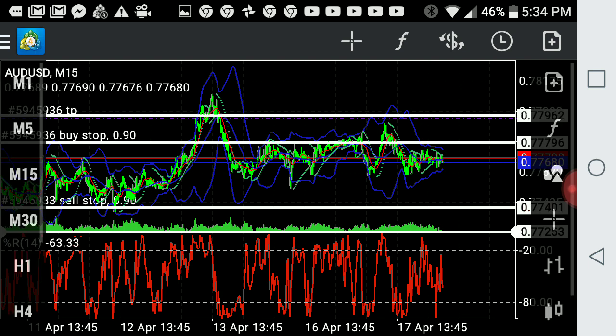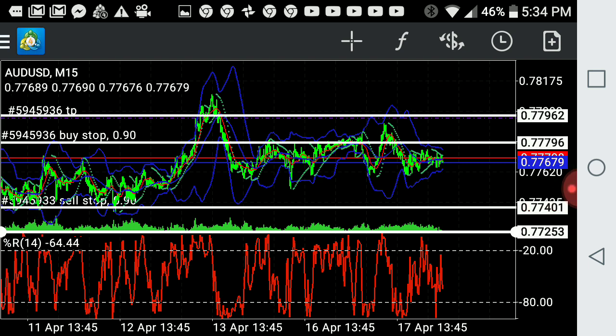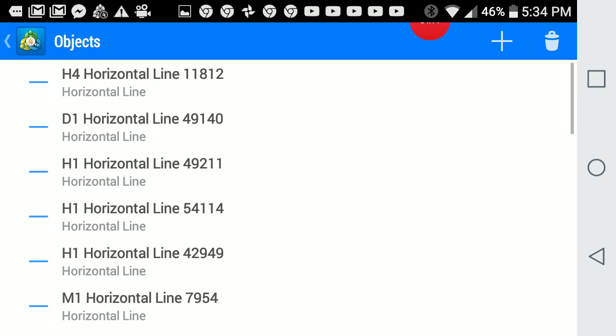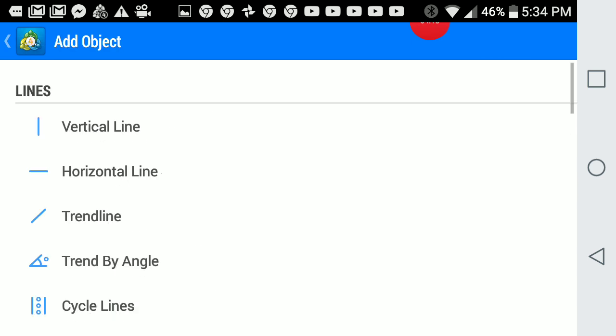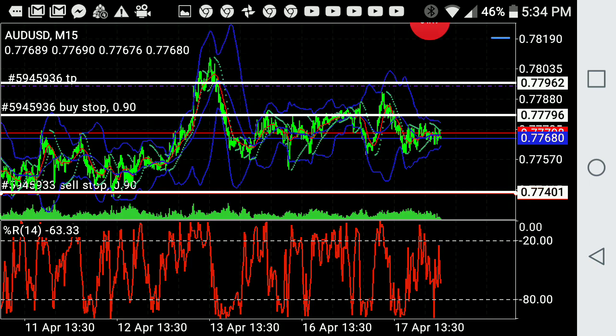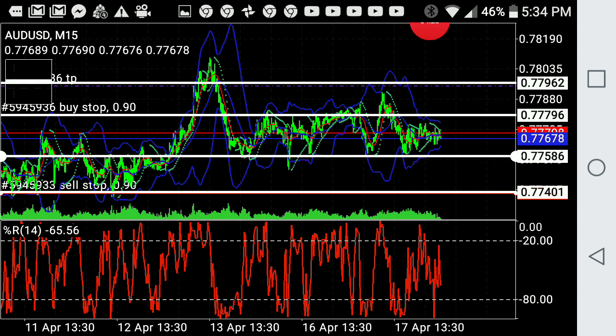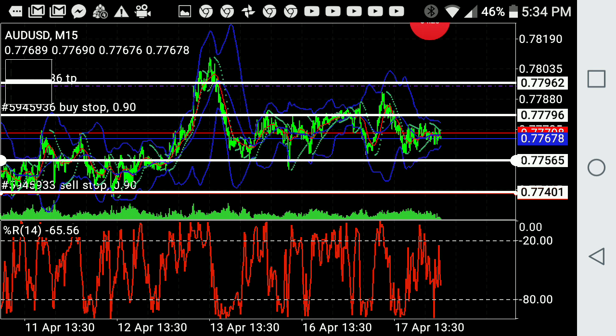You could bring your entry level from 77.40 to say 77.55 or 56.